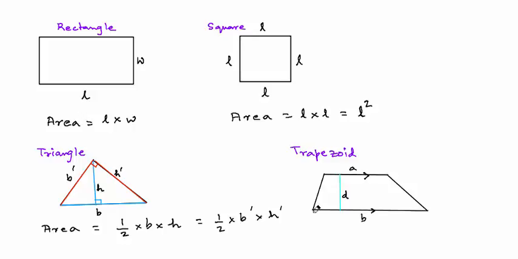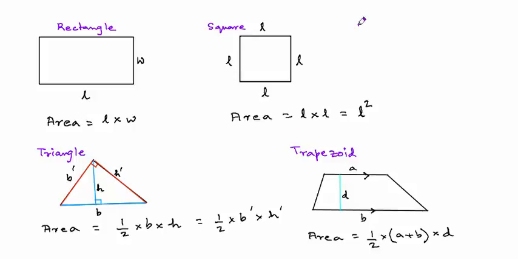So we have an a, we have a b, and the distance between them is d. The area of the trapezoid is given as 1/2 times the sum of the lengths of the two parallel sides, that is a plus b, times the distance between them, d.